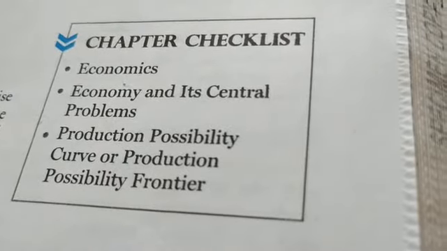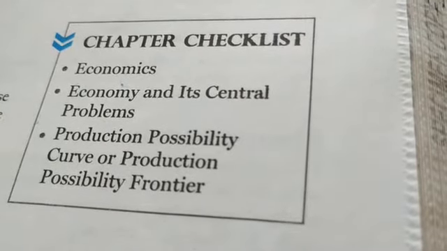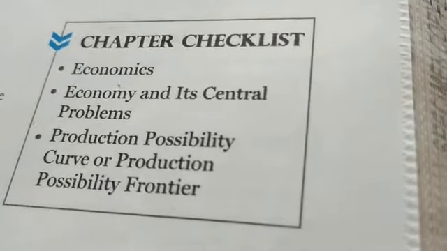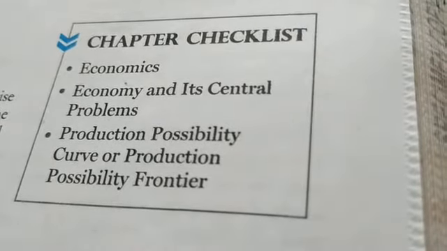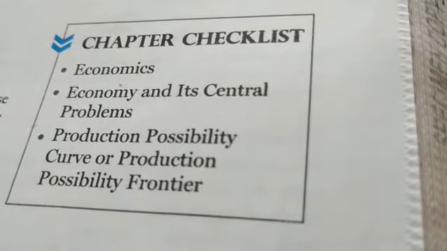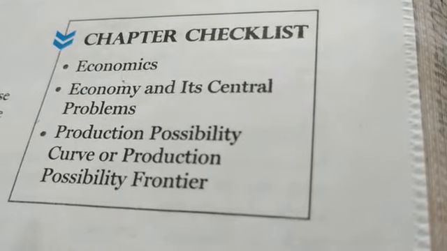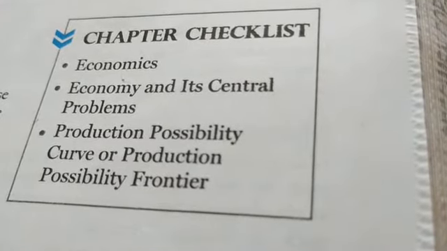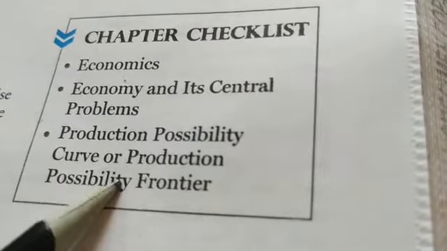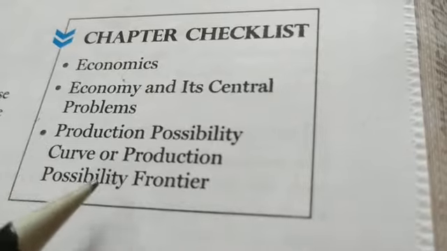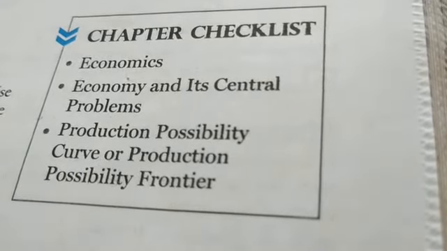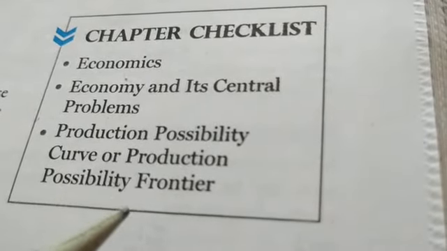Then we have also learned about the problems of the economy, what are the different reasons which give rise to the central problems of the economy, and then we have also learned about what is opportunity cost, marginal opportunity cost, then the production possibility curve, and how this production possibility curve provides a solution for the central problems of the economy. That's it.